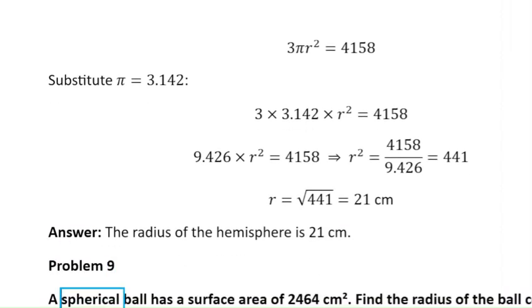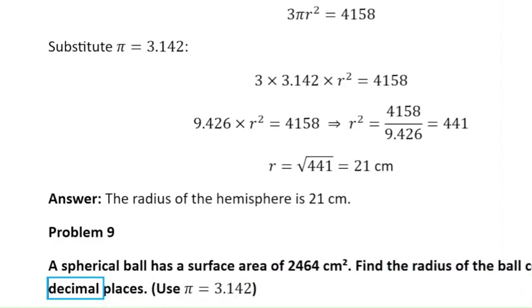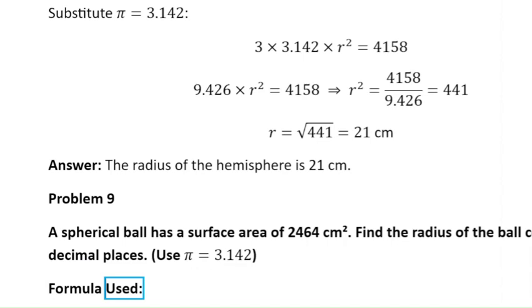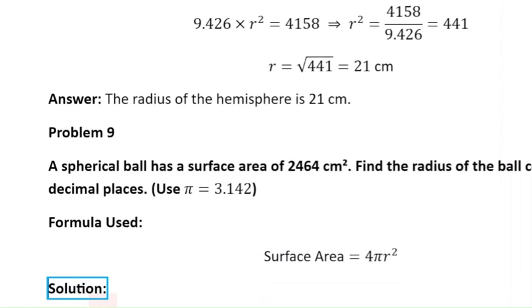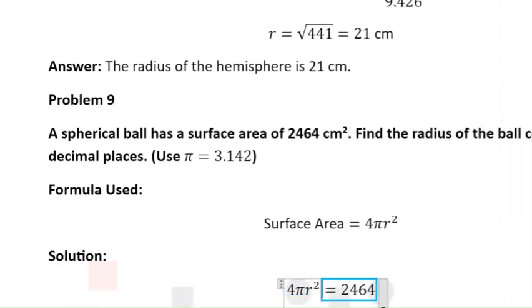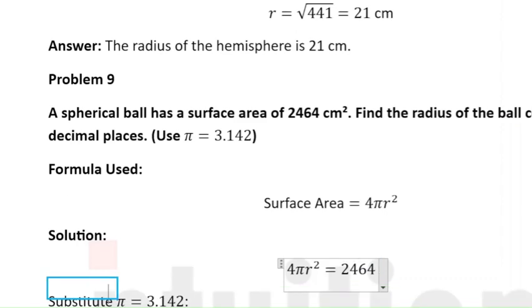Problem 9. A spherical ball has a surface area of 2,464 square centimeters. Find the radius of the ball correct to 2 decimal places. Use pi equals 3.142. Formula used: surface area equals 4 pi r squared. Solution. 4 pi r squared equals 2464.